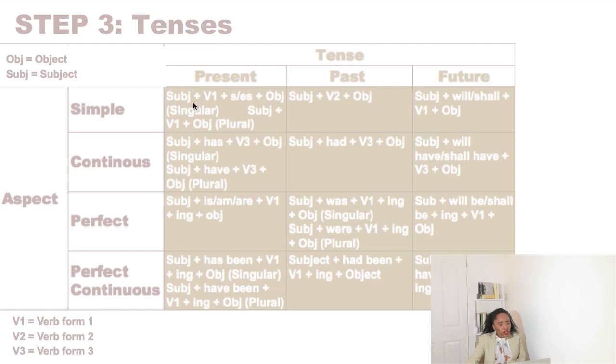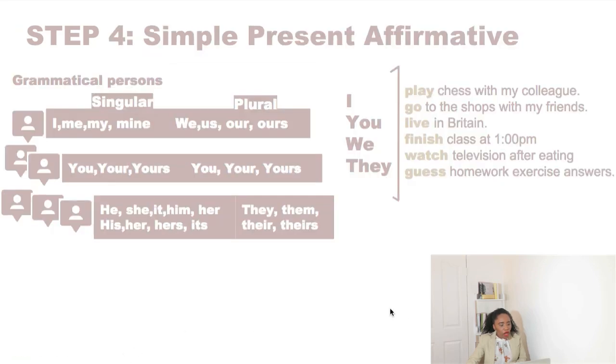So if we go back to the formula, we have the subject plus the verb with either an s or an es, followed by the object, and when dealing with the plural, you would simply have the subject plus the verb in its first form, and then the object. Okay?